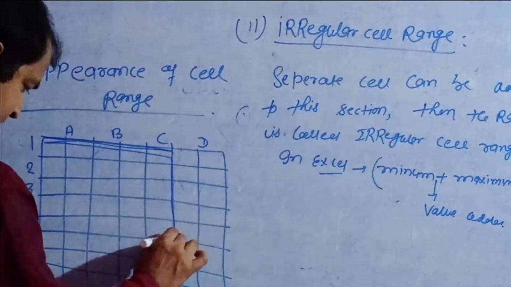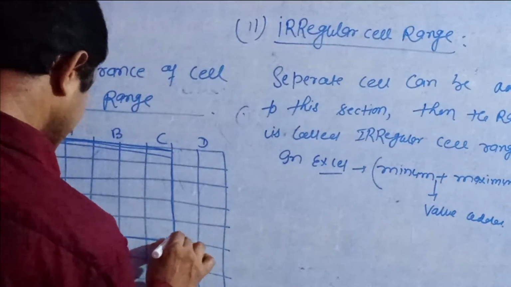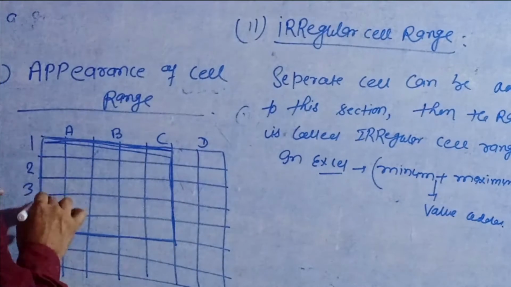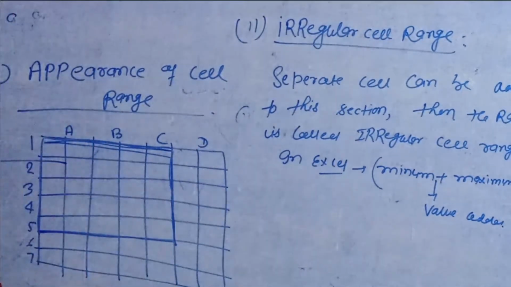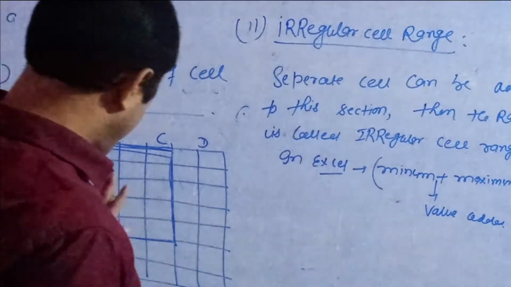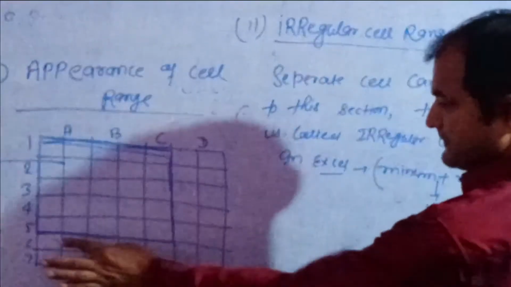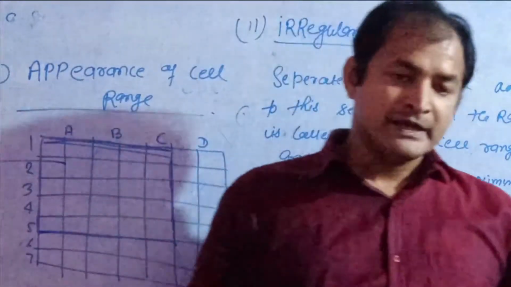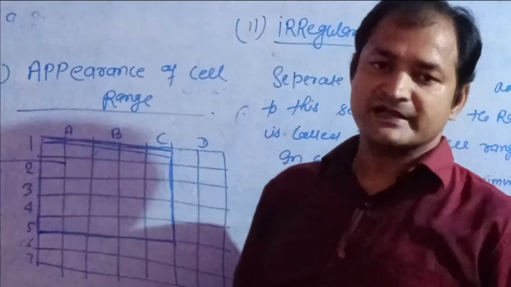I have not selected D. I selected A1 to C5, up to C5. This all selected area of cells is called the appearance of cell range.